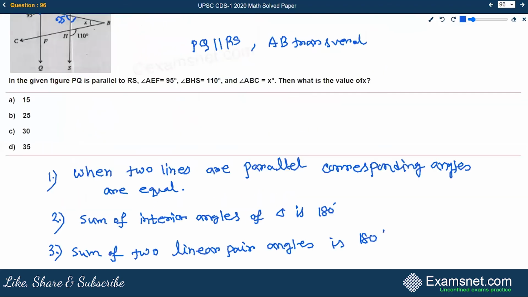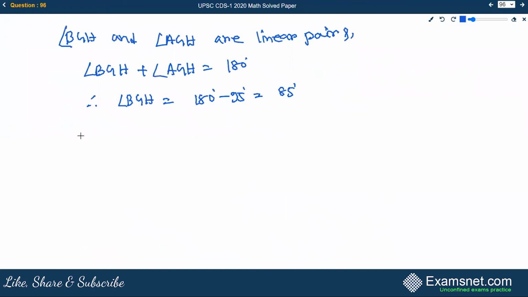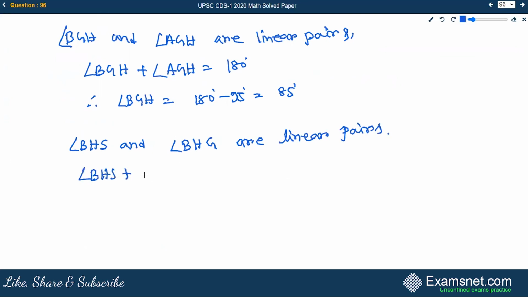Great. Now look at the next one. Here angle BHG and the 110 degree angle are a linear pair again. Linear pairs mean the sum of these two is 180 degrees.